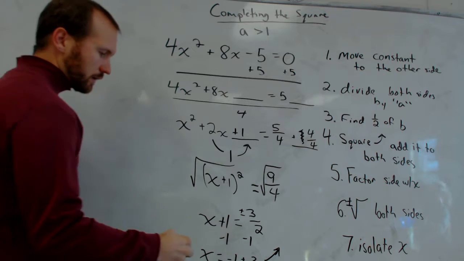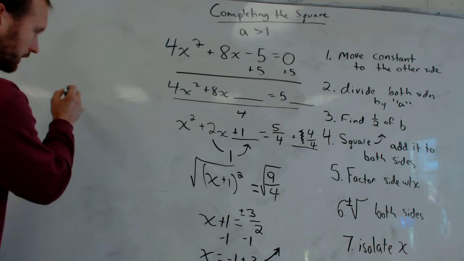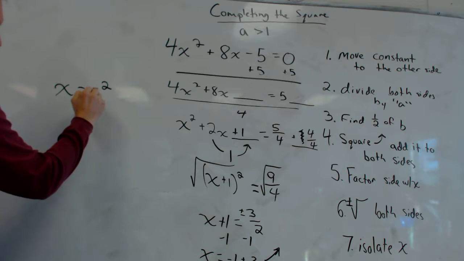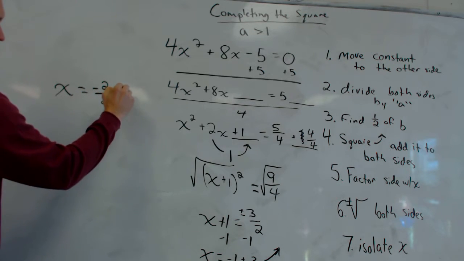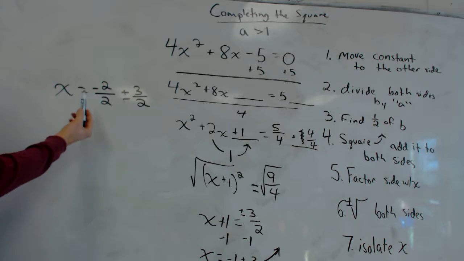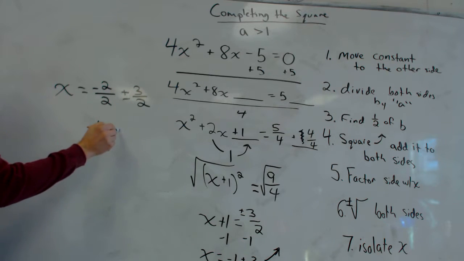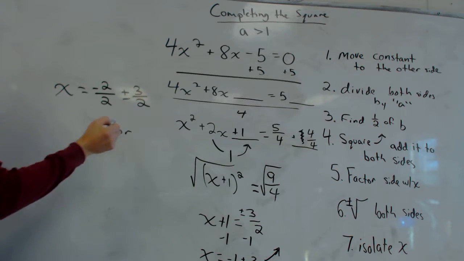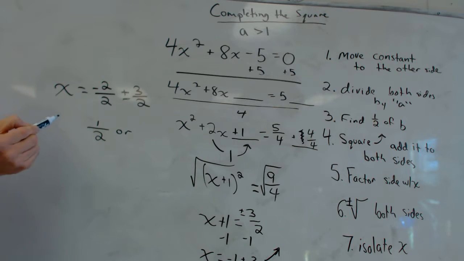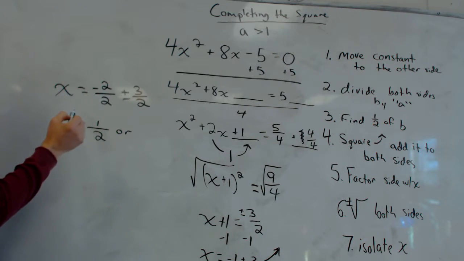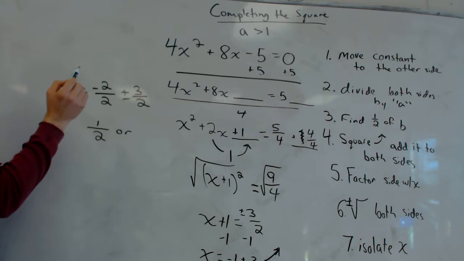Negative 1 is negative 2 over 2, so x equals negative 2 over 2 plus or minus 3 over 2. Negative 2 plus 3 is 1 over 2. Negative 2 minus 3 is negative 5 over 2.